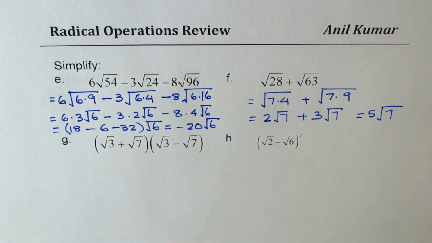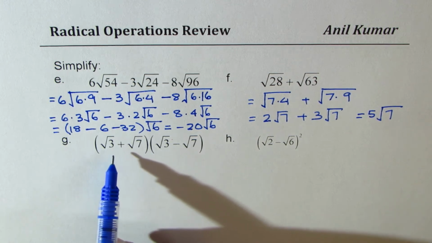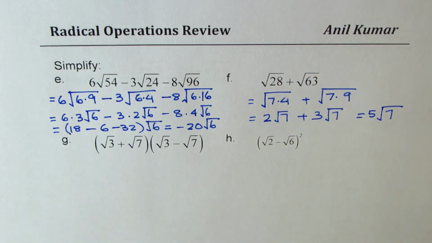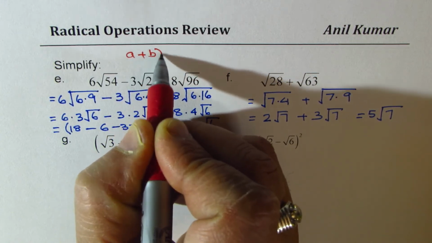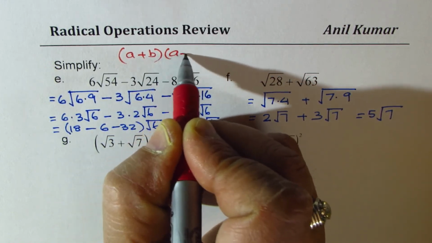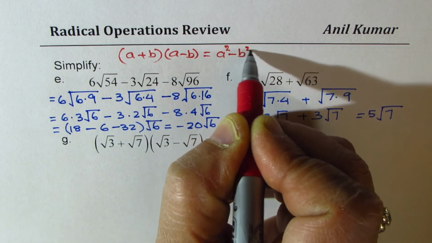G and H. We'll again apply distributive property, but you could also use a formula. So let me rewrite the formulas for you, which you can apply. One is that (a plus b) times (a minus b) is equal to a square minus b square, correct?